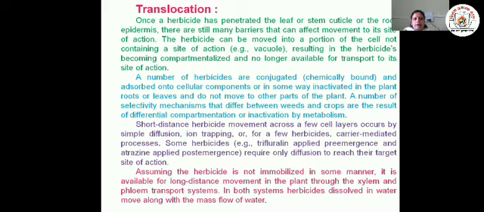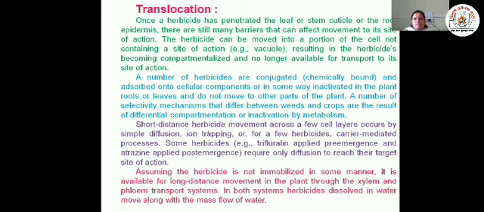A number of herbicides are conjugated, that is, chemically bound and absorbed onto cellular components or in some way inactivated in the plant roots or leaves, and do not move to other parts of the plant. A number of selectivity mechanisms that differ between the weed and the crops are the result of differential compartmentalization or inactivation by metabolism.